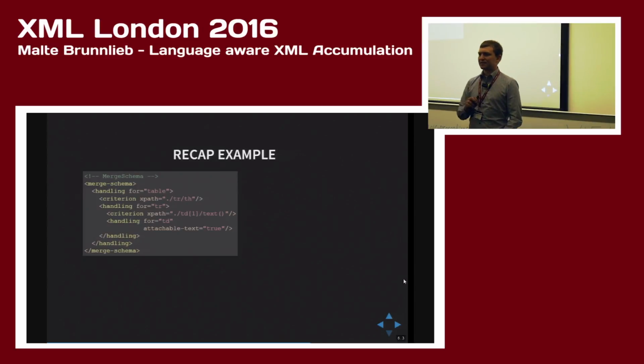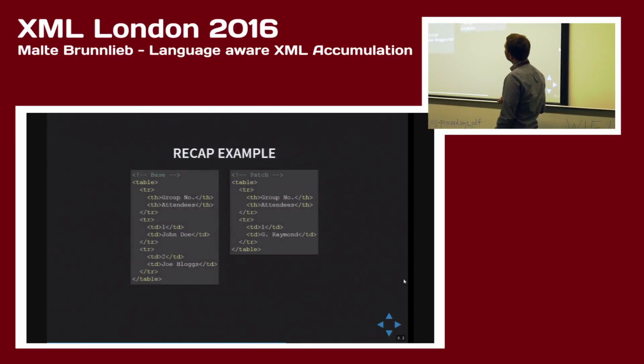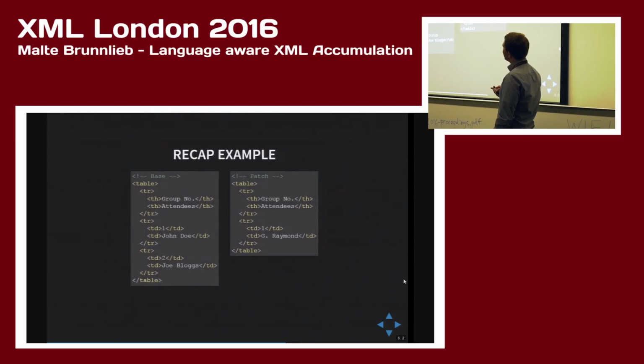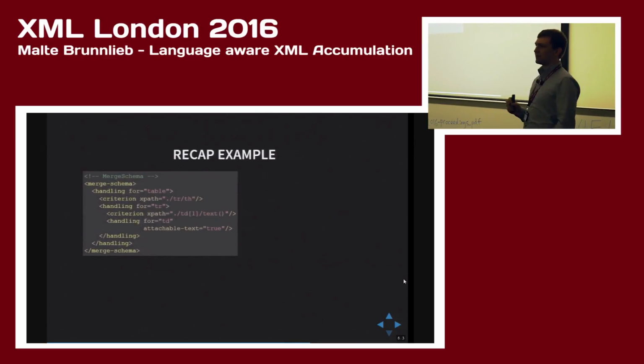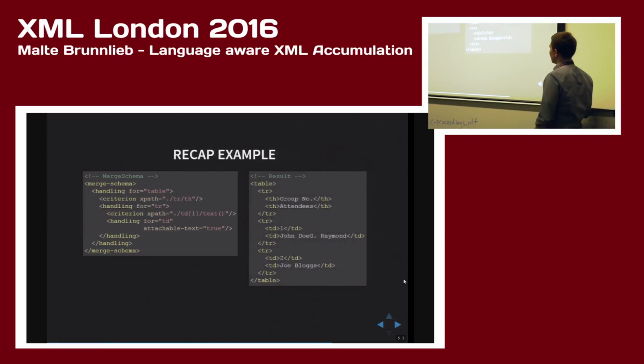Here, this attachable text is just syntax. It's about how to align this text, or how to resolve the conflict, because if this row matches by the first column, you will observe a conflict here because mainly there is no conflict resolution in place, and this attachable text just says, okay, you can attach the text and it will result in something like this.